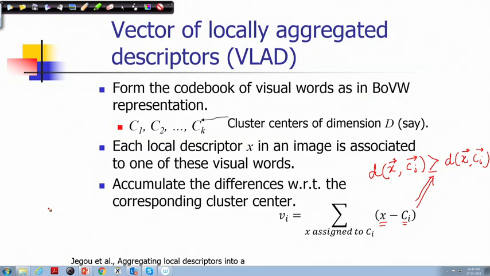If I geometrically look at it, say Ci, and then suppose there is another cluster center Cj, and there are feature vectors of this document, say this is x1, x2, x3, and say y1, y2, y3. These are all feature vectors of the same document.